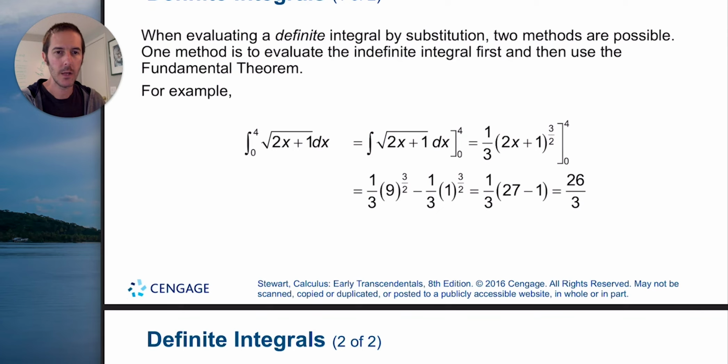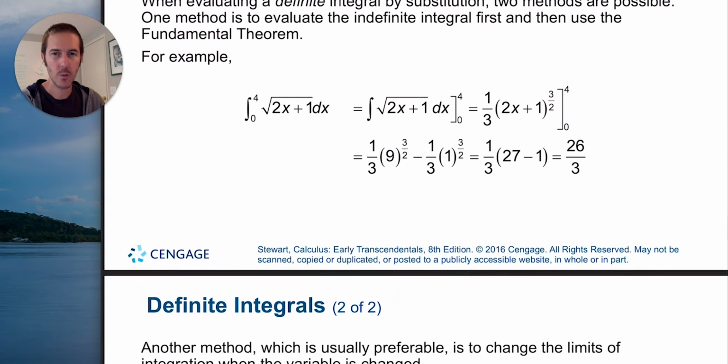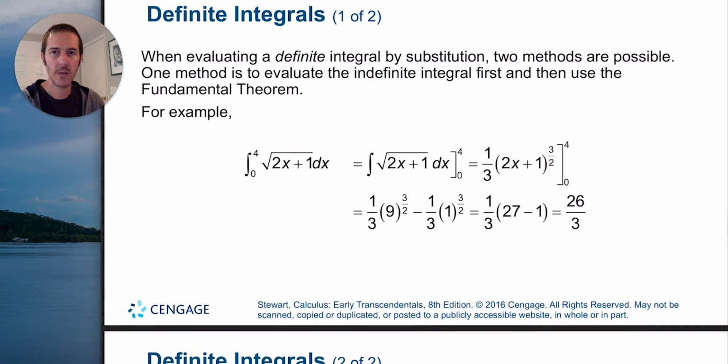The author did not show all of his work here. As you get good at these, you won't have to show so much work, but the point that's being made in this discussion is that when you're evaluating a definite integral, you've got two options.